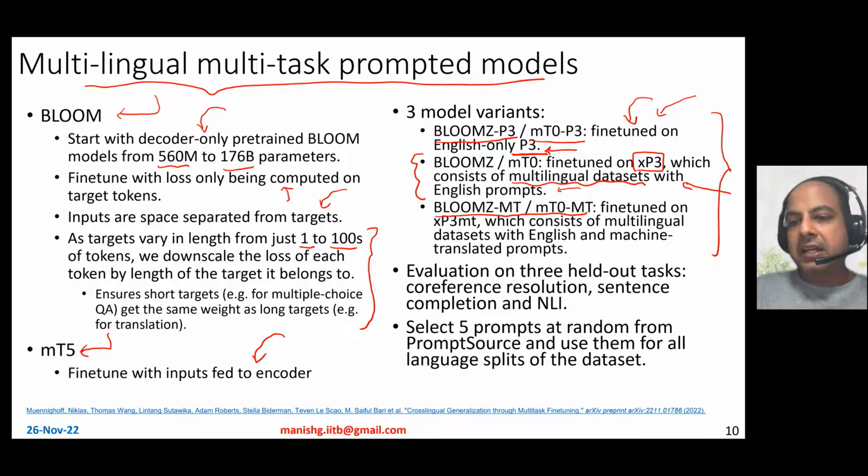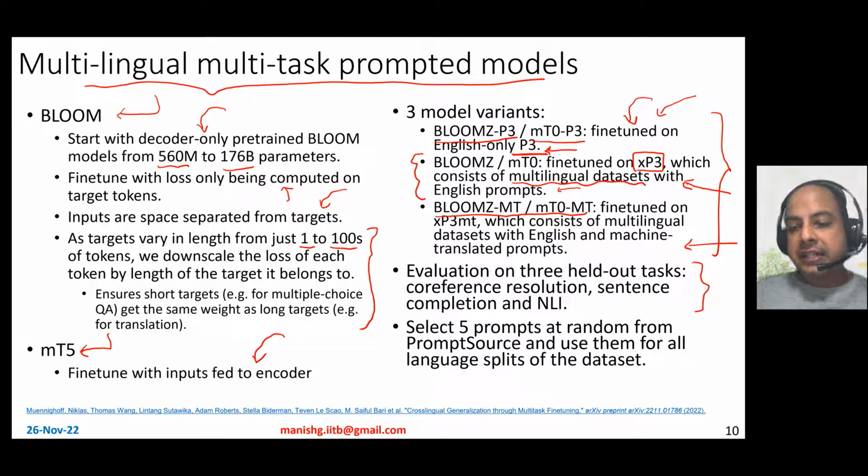Here it is multilingual data sets, but English prompts. And here it is multilingual data sets and multilingual prompts, because they are obtained in a machine translated manner. Now, you do evaluation on data sets belonging to different tasks: co-reference resolution, sentence completion, NLI, and so on.